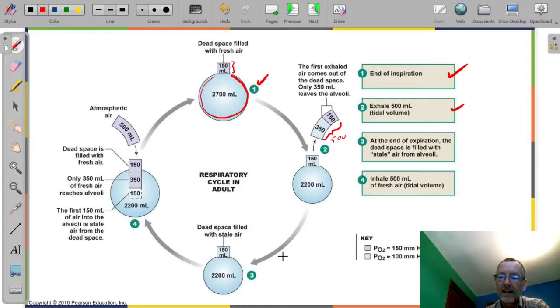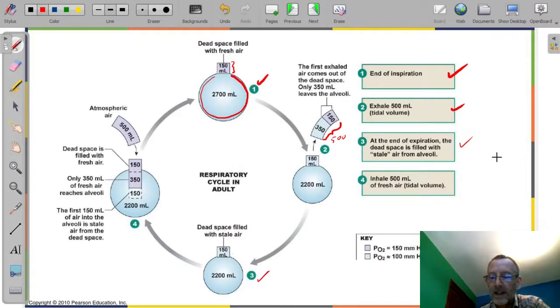And then at the end of exhalation, step number 3, we're sitting here with this 2,200 mils, and 150 mils is in the dead space that came out of the lungs. So it's sitting there, it's sort of stale air.